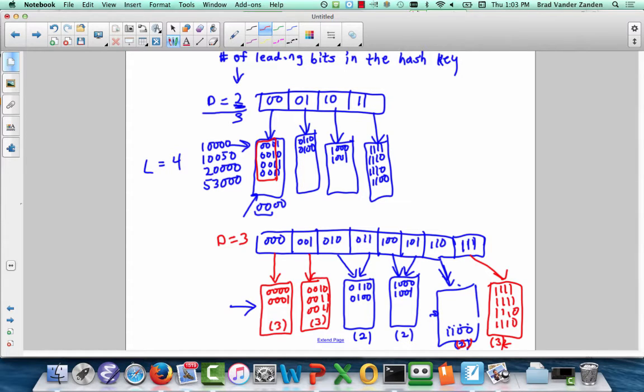Also remember the leaves can hold up to probably 500 keys. So when they split, they're still going to have, on average, 250 keys each. Now, unlike B trees, where you allocate exactly half to one leaf and half to the other, with extendable hashing it's never going to be quite even.